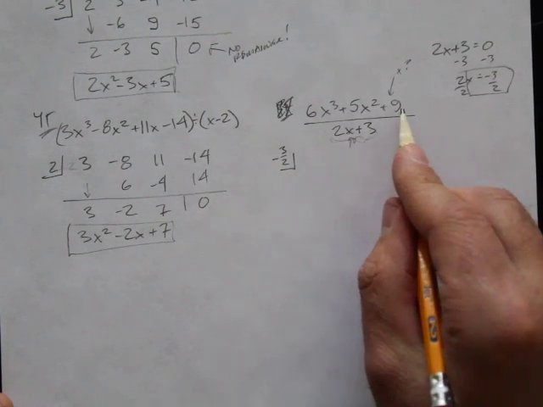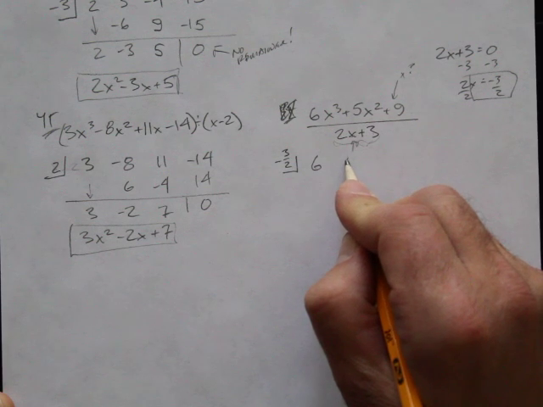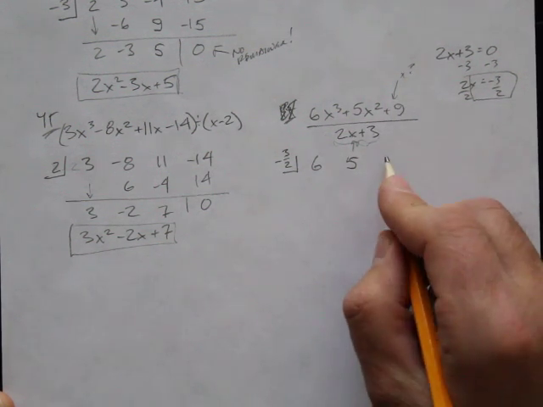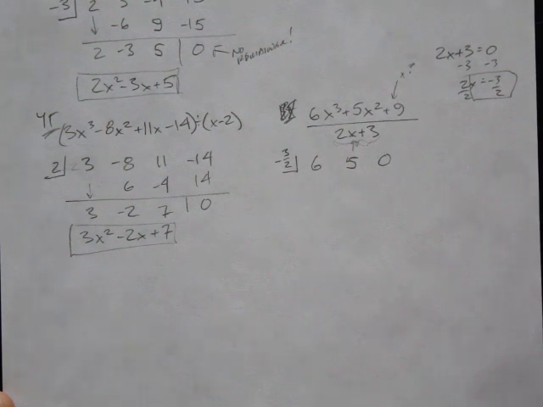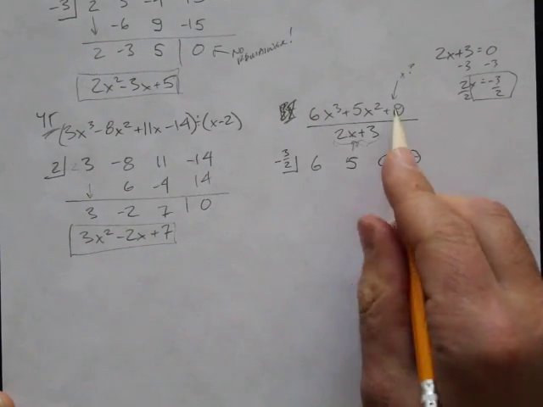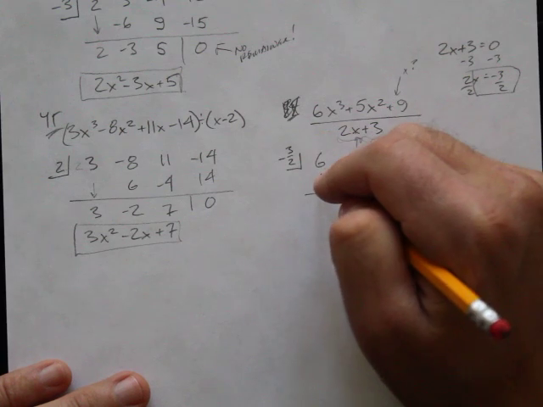So now I write down these numbers here, 6, 5, and then I don't have an x represented here, so I need to put a 0 as a placeholder. And then I have 9. All right, this is important. Don't miss that. Here we go. Bring the 6 down.